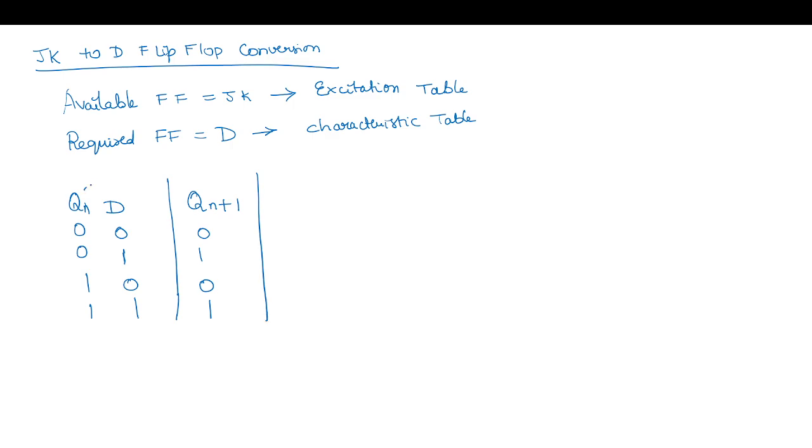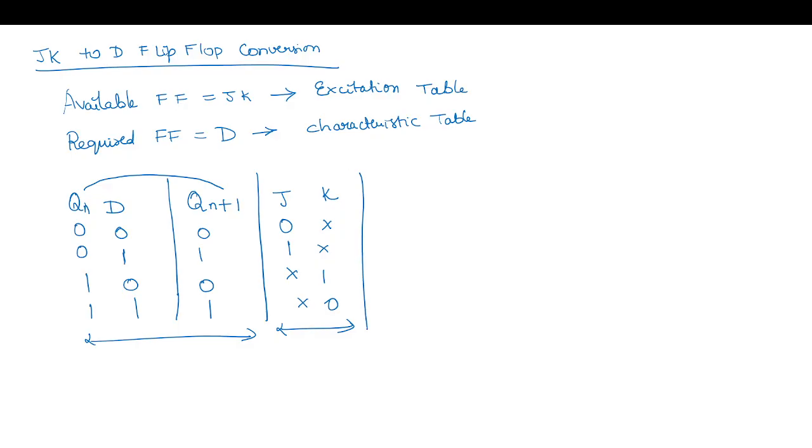Next, using this Q and Qn plus 1, we have to write Jn. This was the characteristic table, and now this is the excitation table part. So we have the values for J and K. Now we have to draw the K-map to simplify.